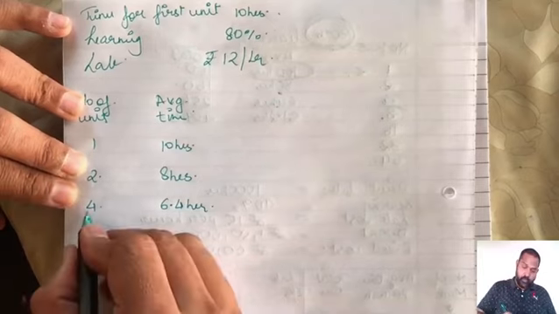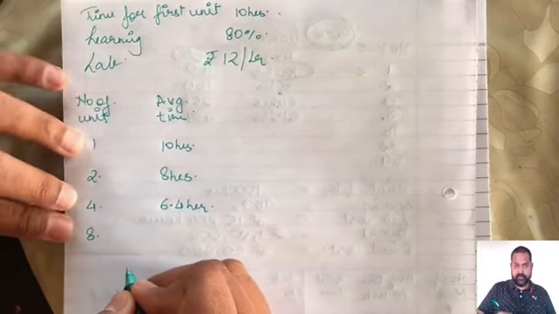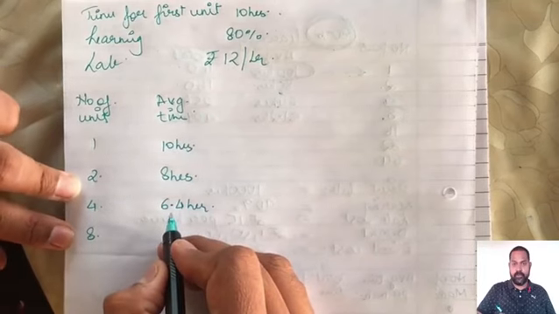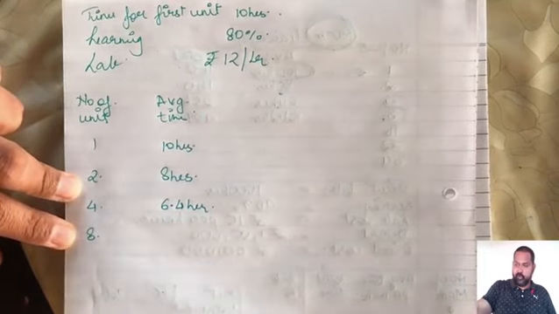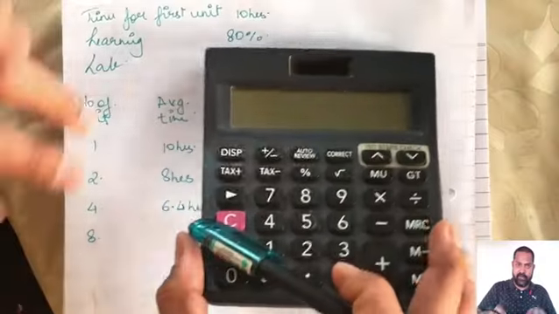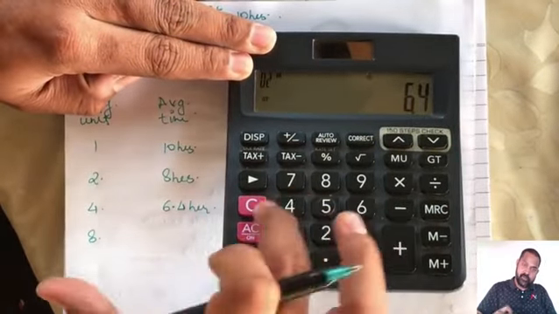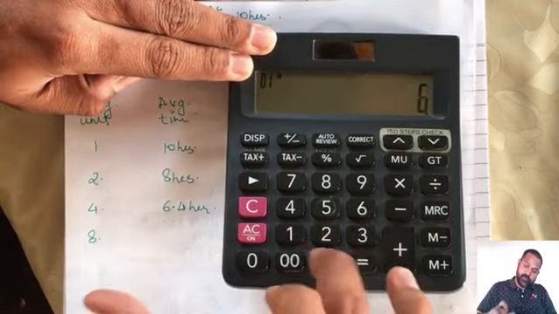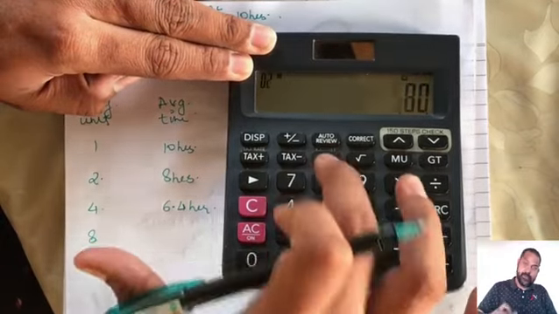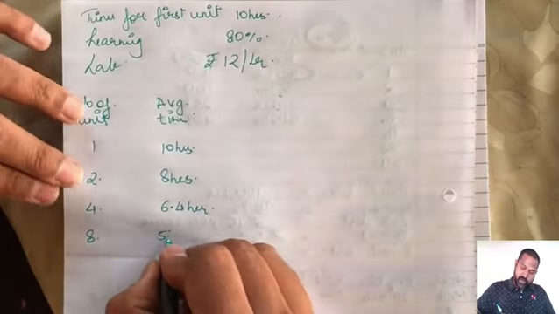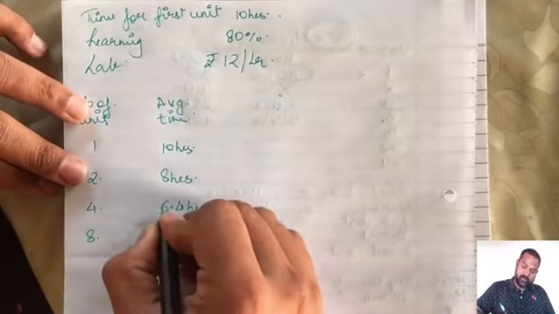And when I double the work and make 8 units, it will take 80% of 6.4, which is 5.12 hours.